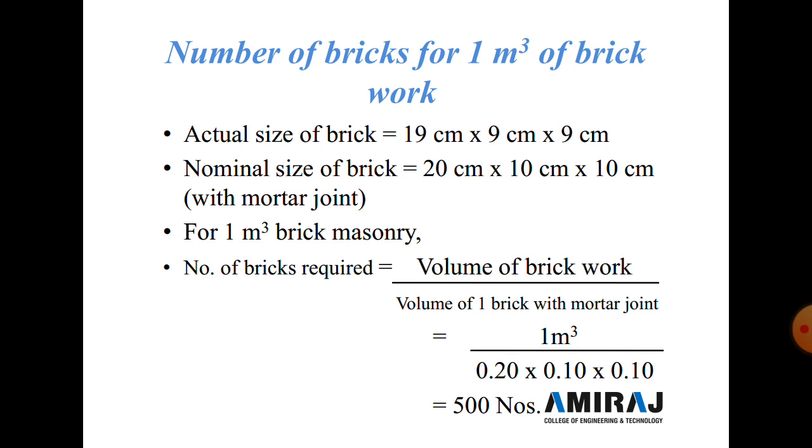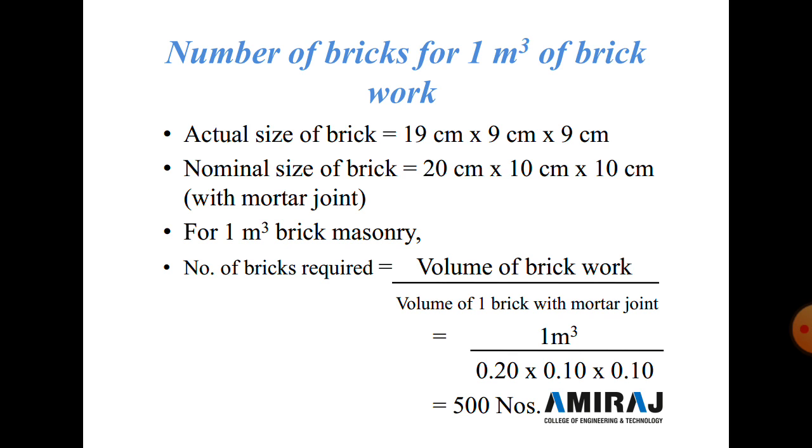The standard size of the brick is 19 by 9 by 9 centimeter, with all dimensions given in centimeter. Now the nominal size of the brick with mortar thickness: the mortar joint thickness we take as 1 centimeter on each and every side.